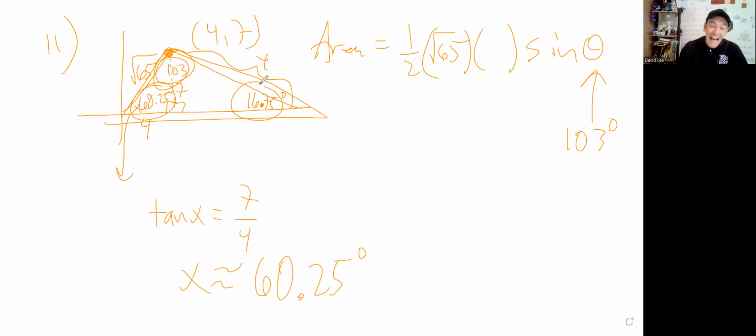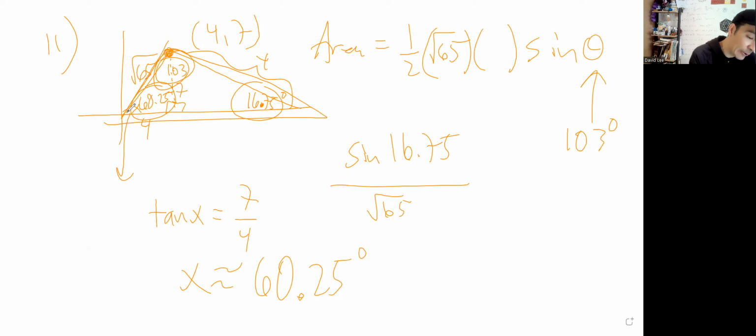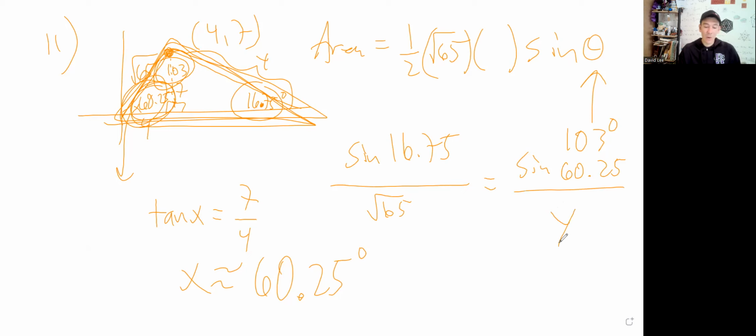Now we can use law of sines to find y, which is the other side, and plug it in right there. Here would be my setup: sine of 16.75 over square root 65, looking at the outer triangle, equals the sine of 60.25, this angle here, over y. That's going to tell us y.